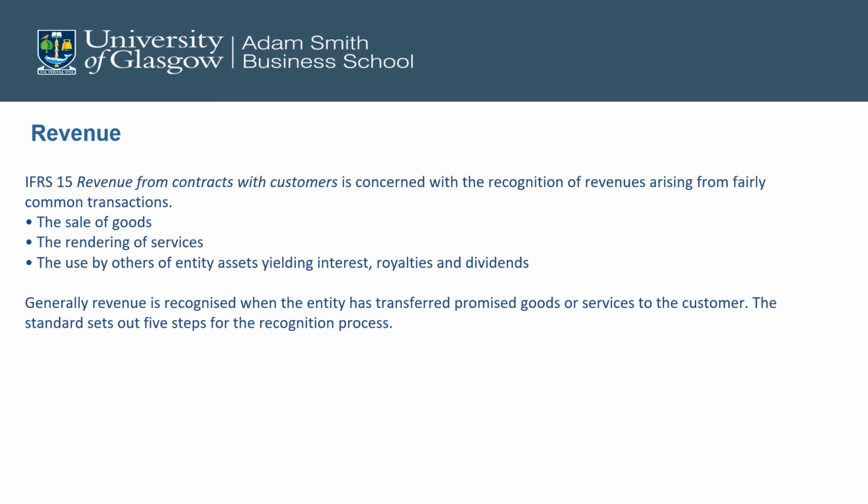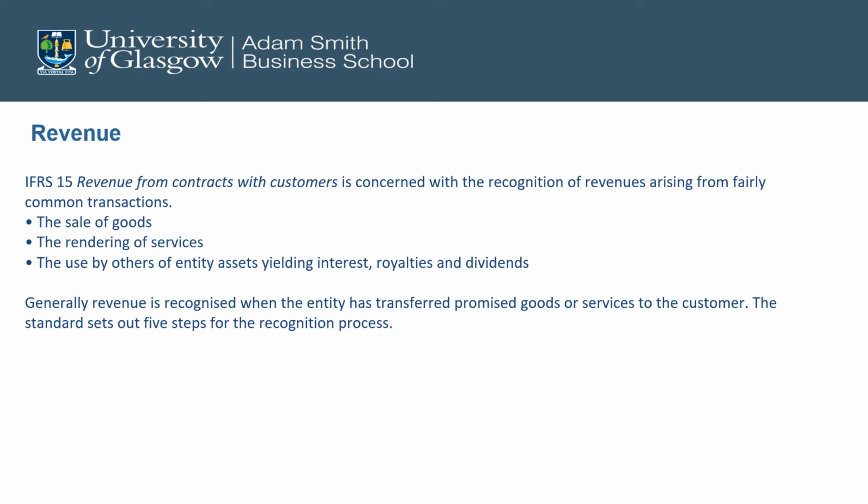So, what does IFRS 15 cover? It is concerned with the recognition of revenue arising from fairly common transactions like the sales of goods, the rendering of services, and the use by others of entity assets yielding interest, royalties, and dividends.